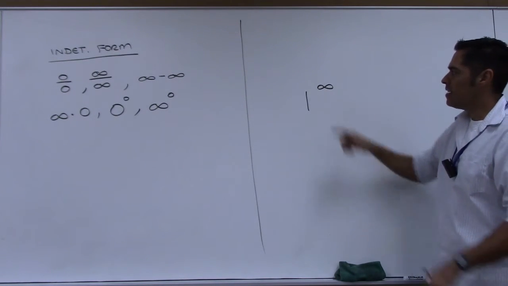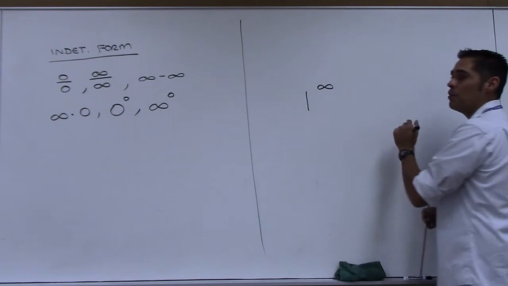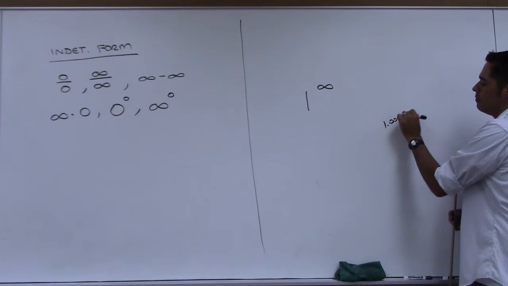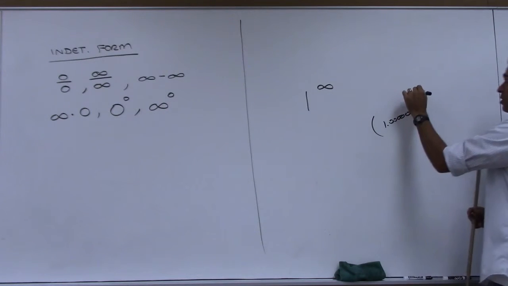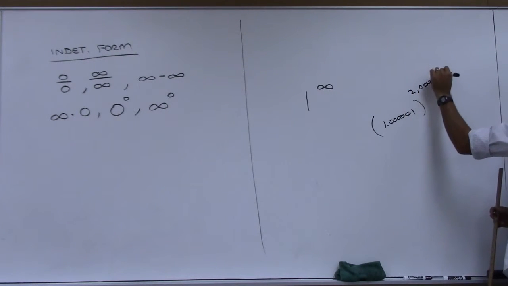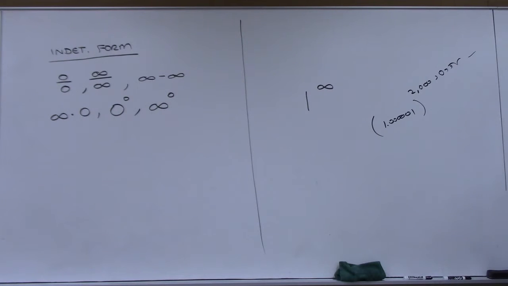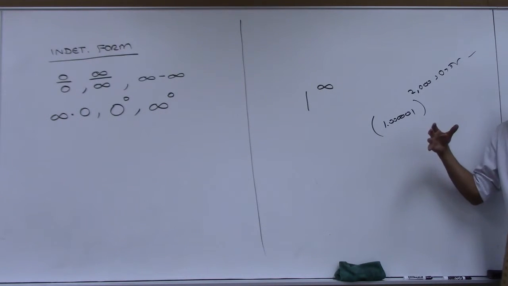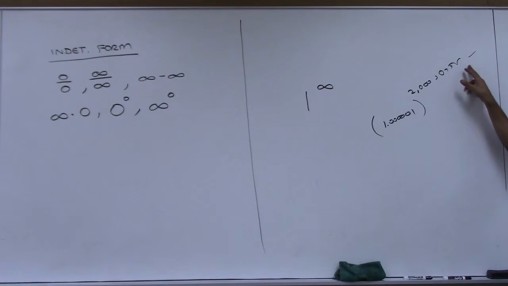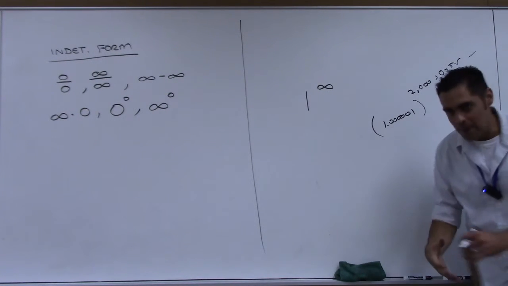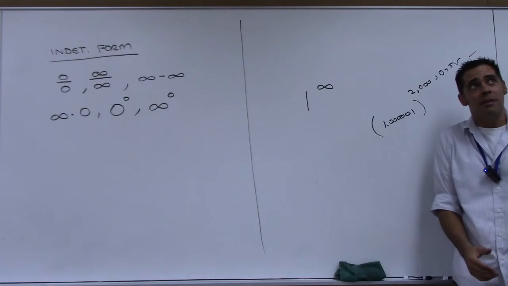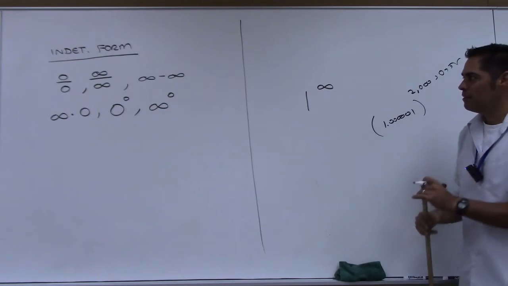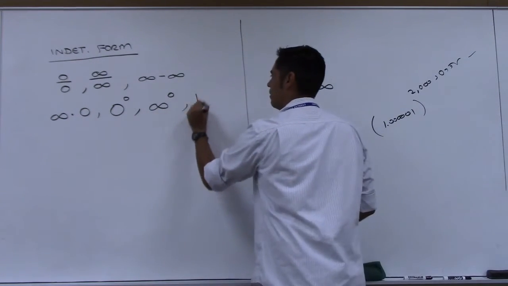But if I take a number that's a little bit bigger than 1, and I raise it to this huge, ginormous power, 1 million, 2 billion, whatever, is that number going to get bigger or smaller? It's going to get bigger, because it's a little bit bigger than 1, so it'll get a little bigger as I multiply through. So here, the exponent is like, I am here to make you blow up, and the base is like, I just need 1, and 1 to any power is 1. And so they're not happy.